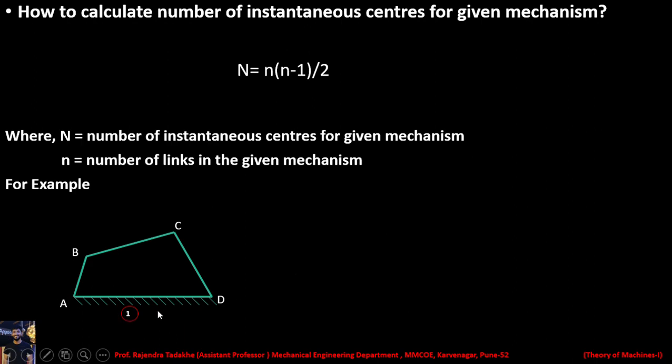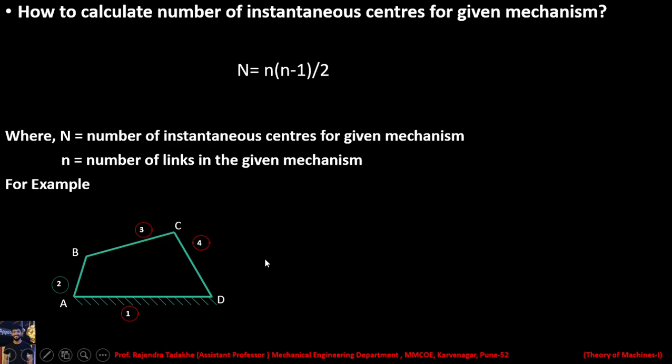AD is fixed, so it is link number 1. Then AB is link number 2, which is the crank. Then BC is link number 3, which is the connector or coupler. And then CD is link number 4, which is called the lever. So how many links do we have in this configuration?